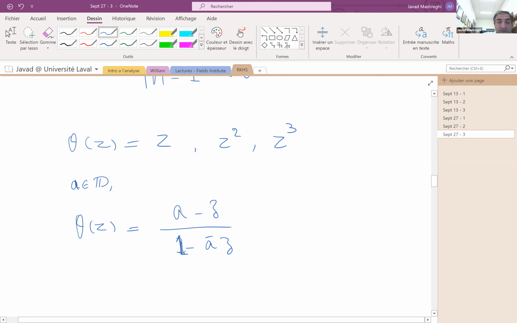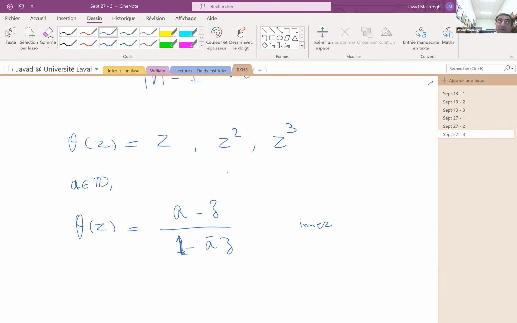That's another function which I leave as an exercise for the students, to show that it's an inner function. Even an exponent of this, or of z squared, z cubed, is good too. It's a function which is unimodular on the boundary and bounded, so it's an inner function.